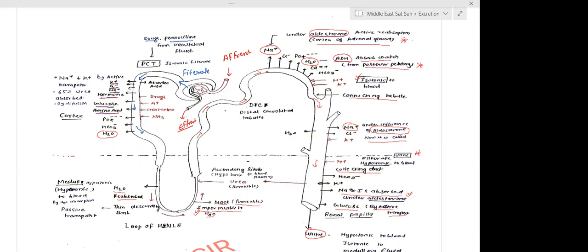The process is termed tubular reabsorption. Full stop. Reabsorption involves both passive and active transport across the tubular epithelium.